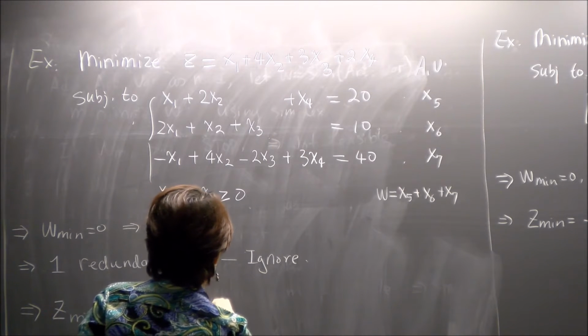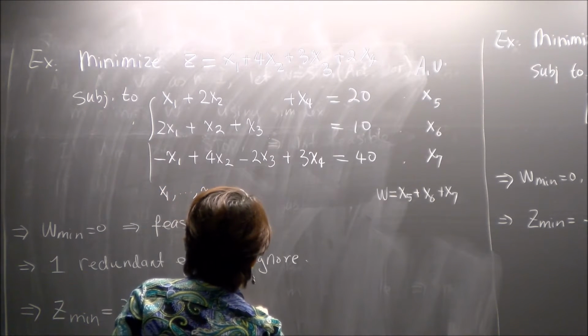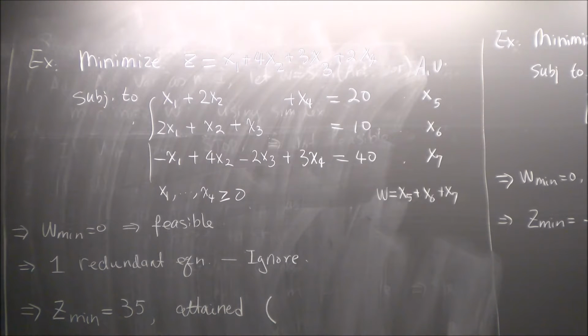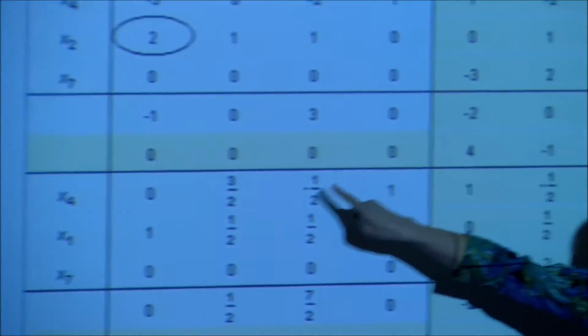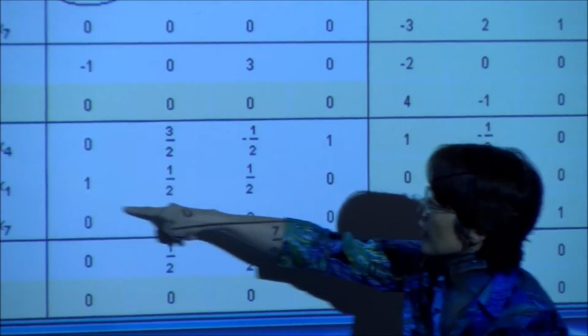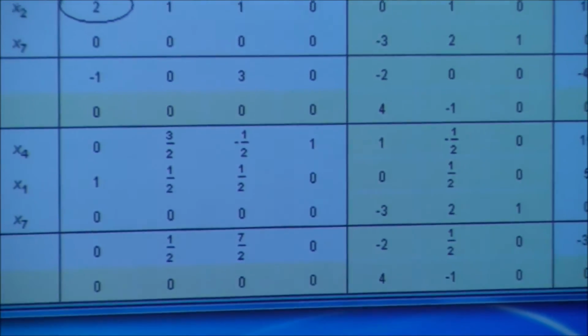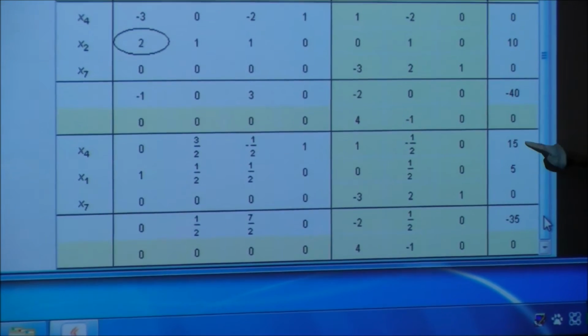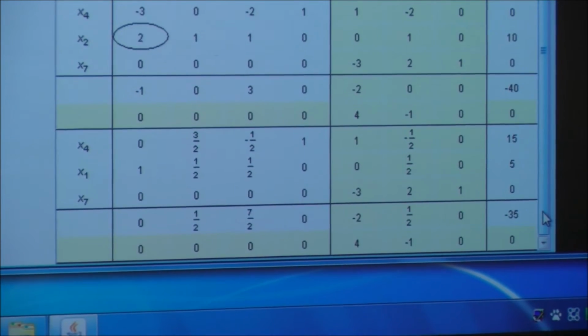Usually I require you to tell me where it is attained. Write out the basic solution. So you know all these yellow parts you can neglect. What's important is this rectangular part, also this equation I'm neglecting. I see x1, x4 are basic variables, taking these two values, and the other two are 0.